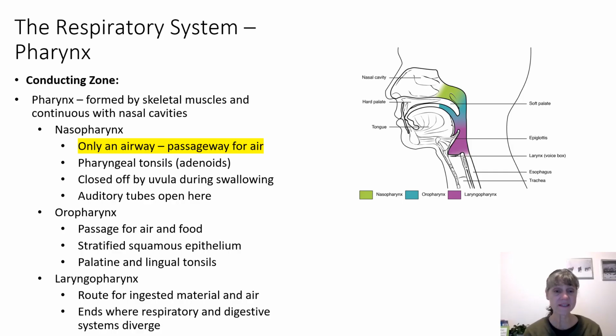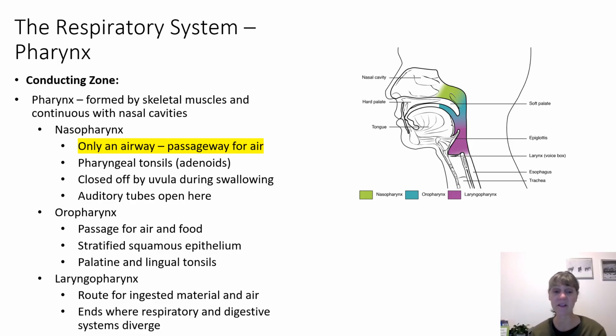The oropharynx is a passage for air and for food, and that portion of the pharynx is made up of stratified squamous epithelium, and we find the palatine as well as the lingual tonsils in this area of the pharynx, in the oropharynx. Remember that the lingual tonsils are actually on the posterior aspect of the tongue.